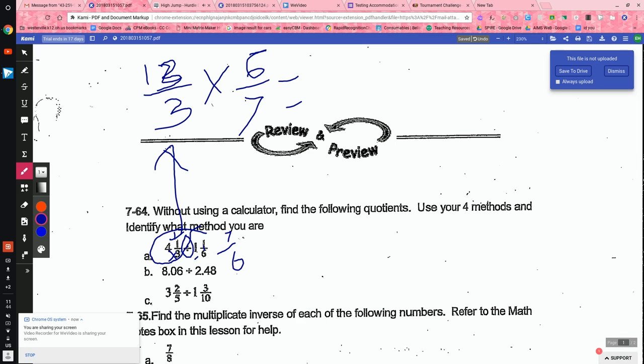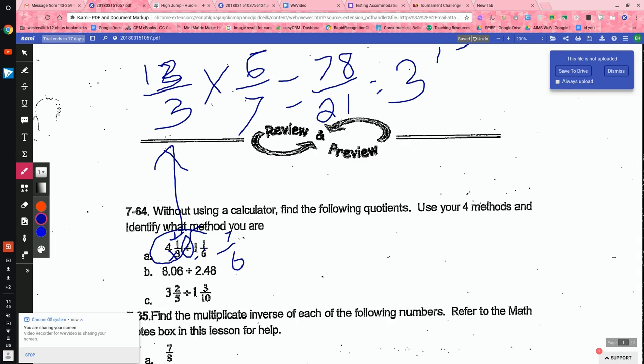13 times 6 is 78. Everyone knows what 7 times 3 is by now, 21. You have to say how many 21s go into 78, which would be 3. And whatever's left over, which is 15, right?